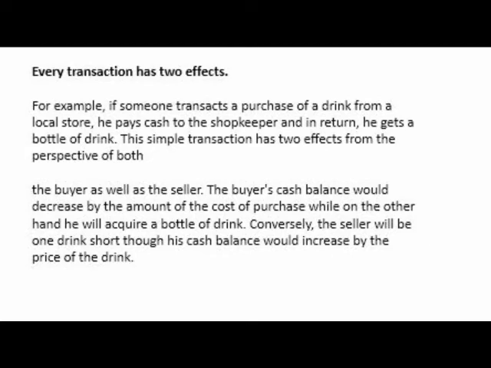The buyer's cash balance would decrease by the cost of the purchase, while on the other hand, he will acquire a bottle of drink. Conversely, the seller will be one drink short, though his cash balance would increase by the price of the drink.